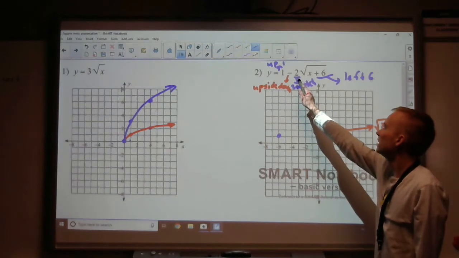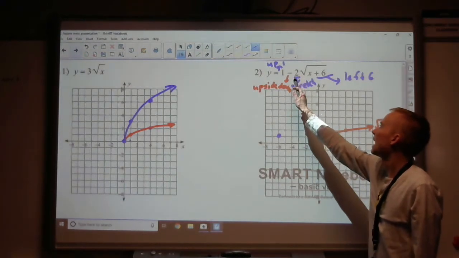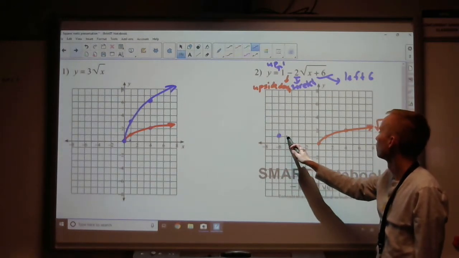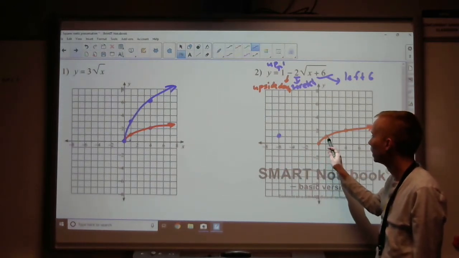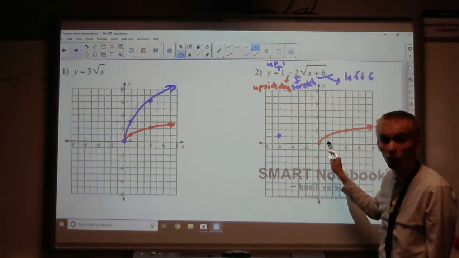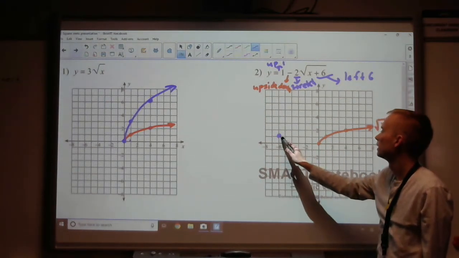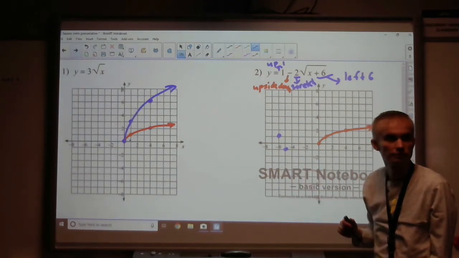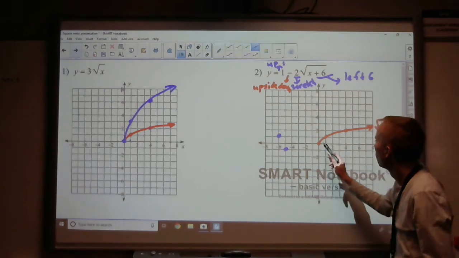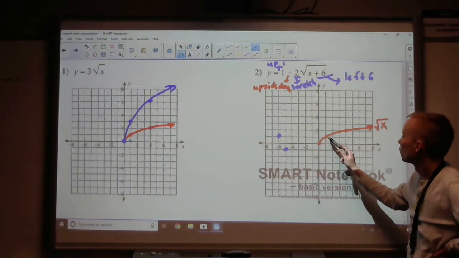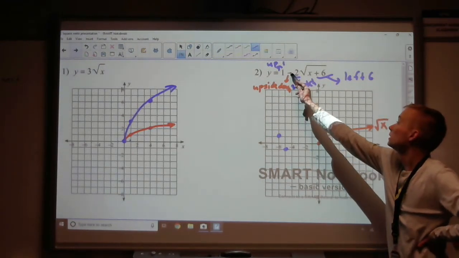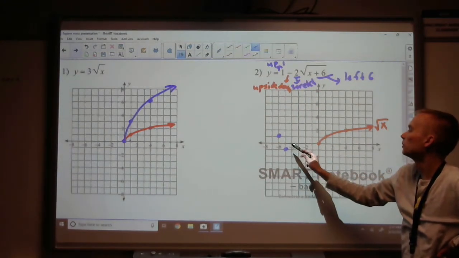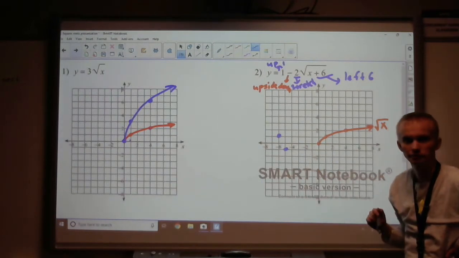But in this case, since I have a negative 2 in front, when I go over 1, instead of going up 1, I'm going to times that up 1 by negative 2. And so I'm going to go down 2. Okay? Normally when I go over 1, I go up 1. So this negative 2 will mean when I go over 1, I will go down 2. Okay?